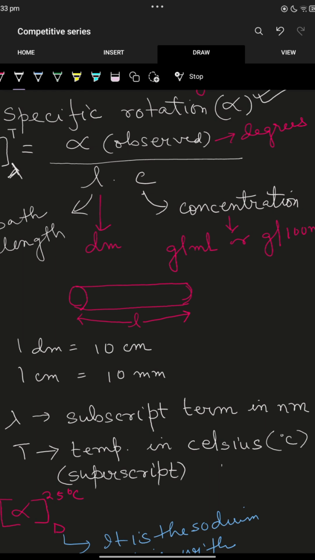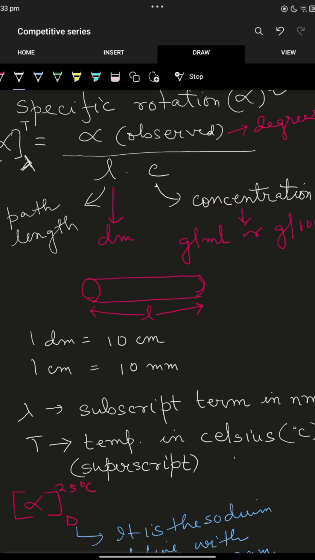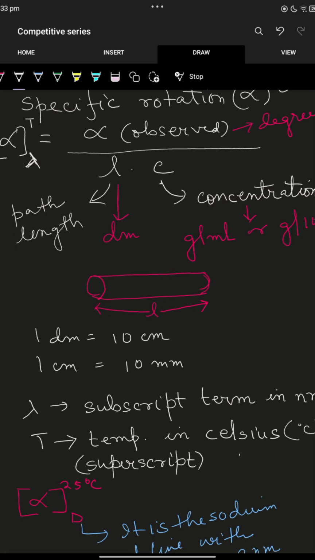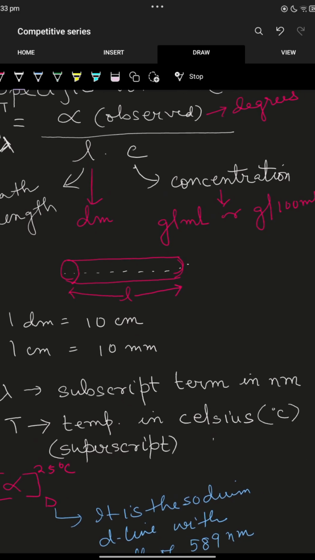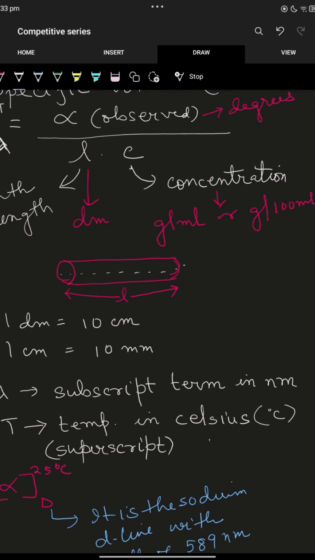And the specific rotation can be calculated as alpha observed, how many degrees of rotation is observed, divided by L into C. L is the path length, that is the length of the polarizer, into the concentration, where you are giving it in terms of mass by volume, gram per ml, or at times gram per 100 ml.